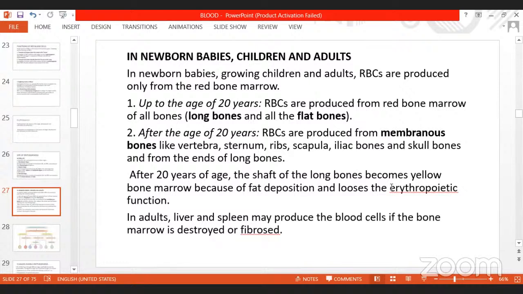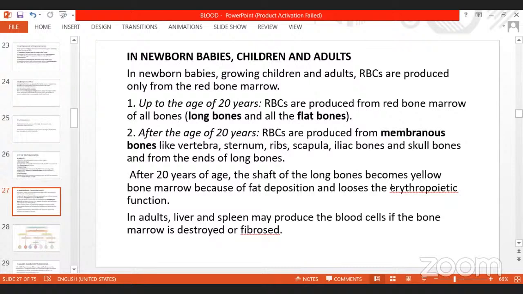After the age of 20, the RBCs are produced from membranous bones like vertebrae, sternum, rib, scapula, iliac bones, and skull bones, and also from the ends of the long bones.